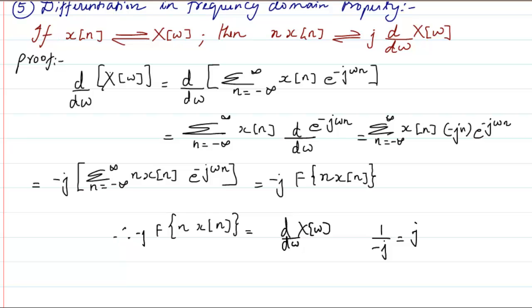So if I take this minus j the other side, it will come as 1 by minus j, which is actually j. So that is what I have to write. So I will write it more neatly. Therefore this is going to be j into d by d omega of x of omega, hence proved.